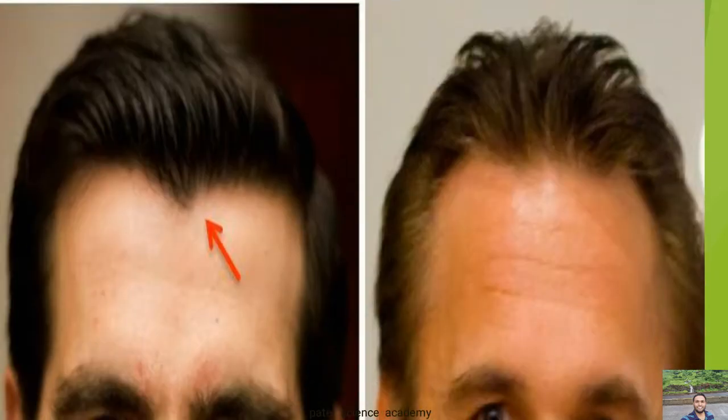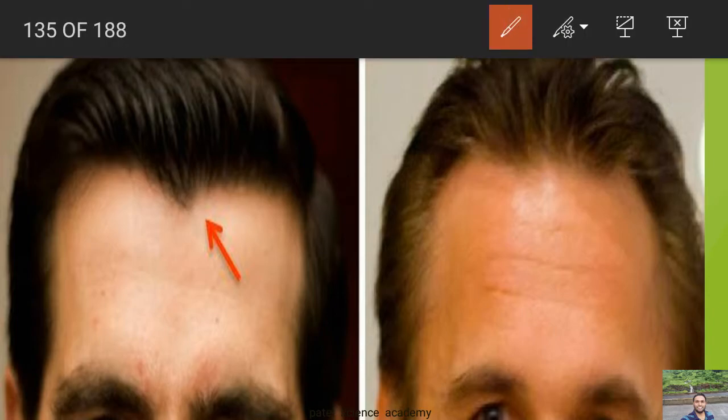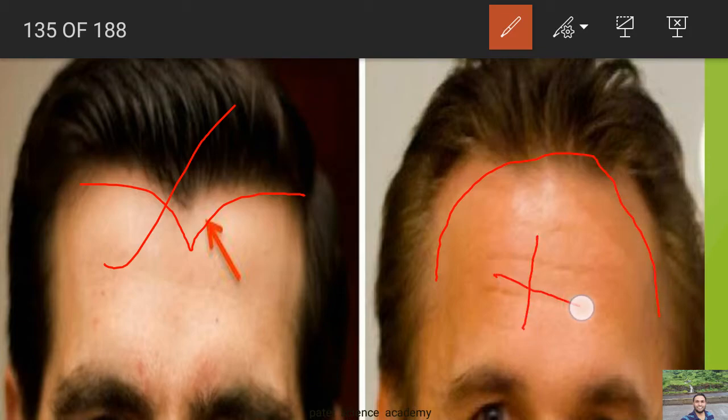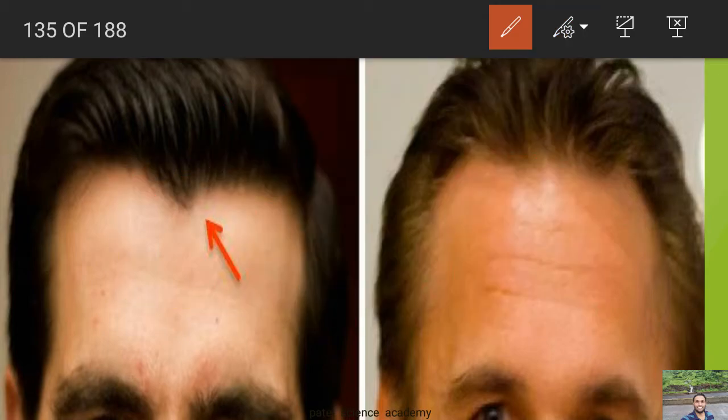So you can see widow's peak in these two pictures. This is a V-shaped hairline on the forehead, and this is called widow's peak, and this is a straight hairline. This is not called widow's peak. So this is the widow's peak you are observing right now, and this is autosomal dominant gene transmission.